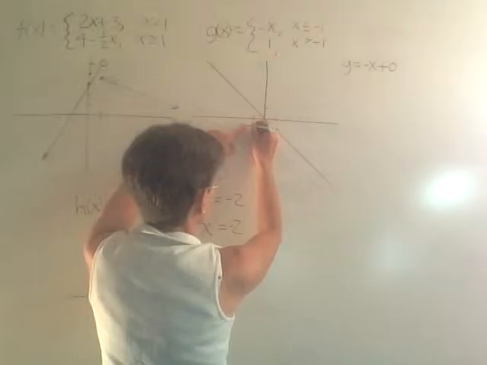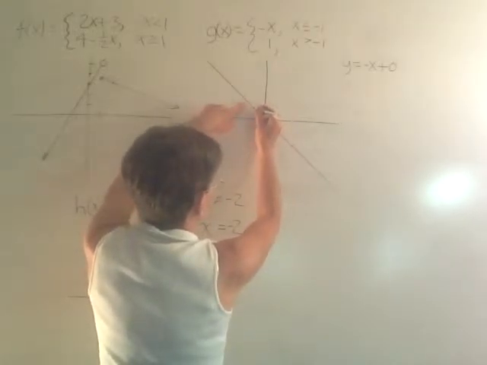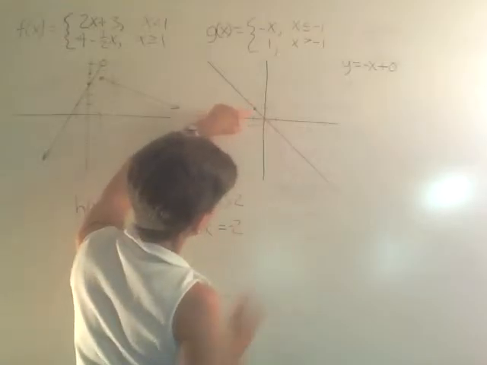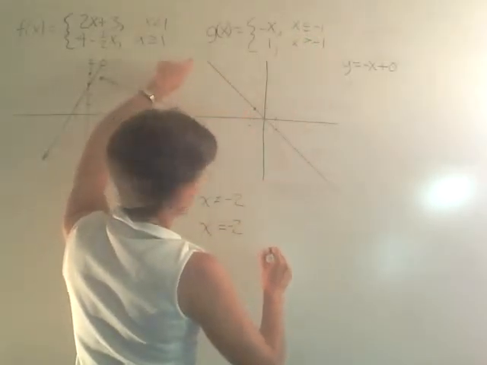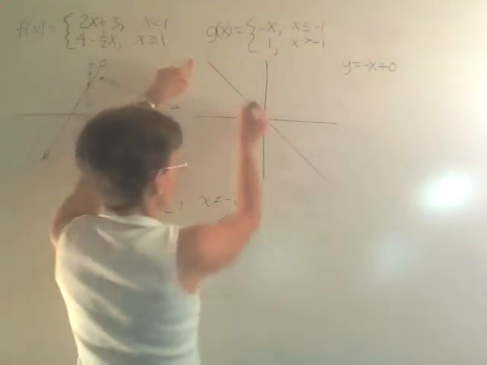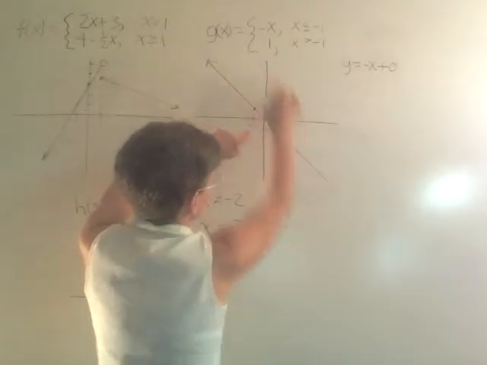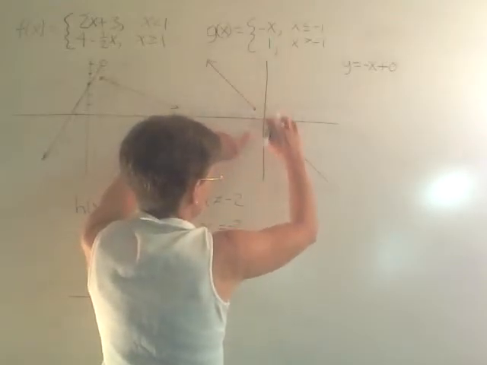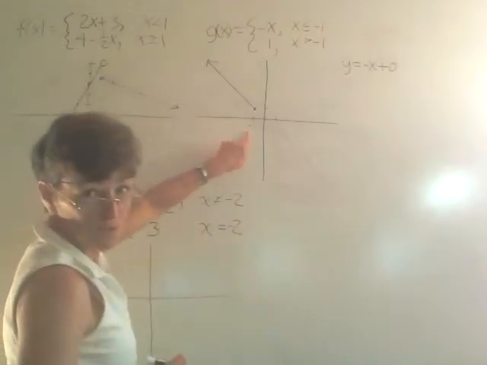Here's x is negative 1 right here. From this point, for all the numbers where x is less than negative 1, I have this line right here. But if x is greater than negative 1, I don't. I have a different line. So I'm going to erase the part of my graph that no longer works.